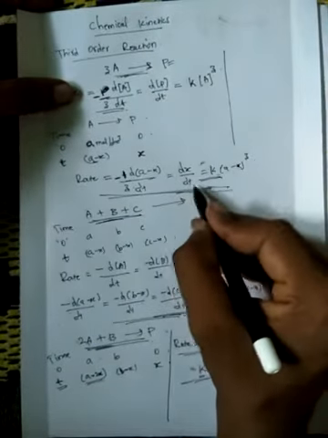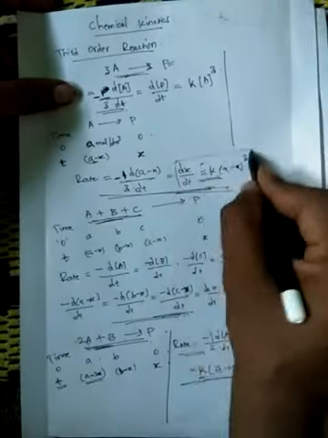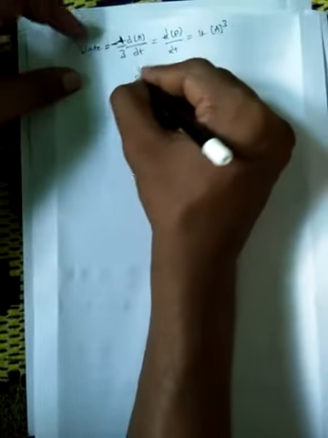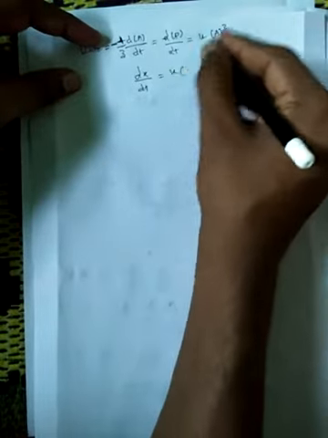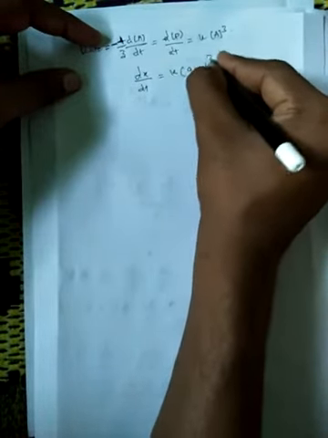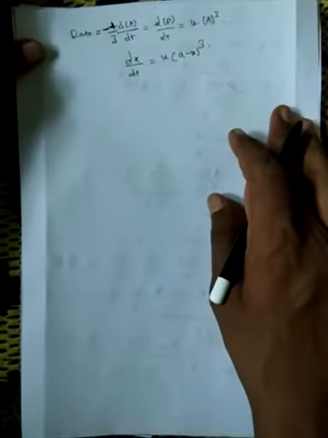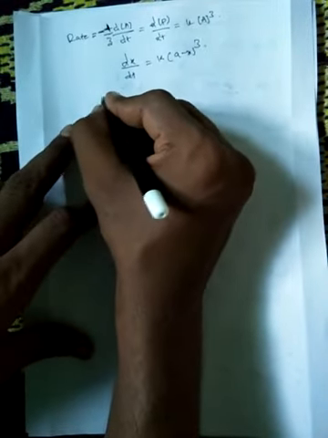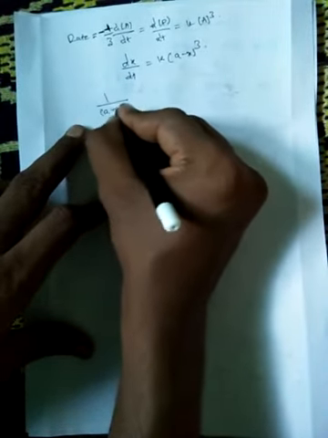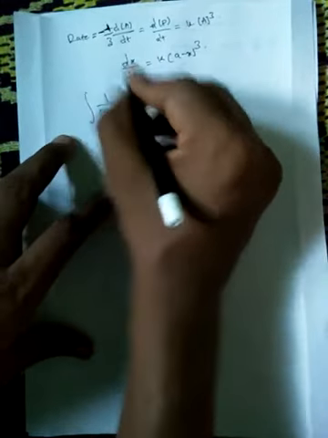So I'll take this equation, dx by dt equal to K (A minus x) power 3. Just integrate it. After rearranging it, integrate.